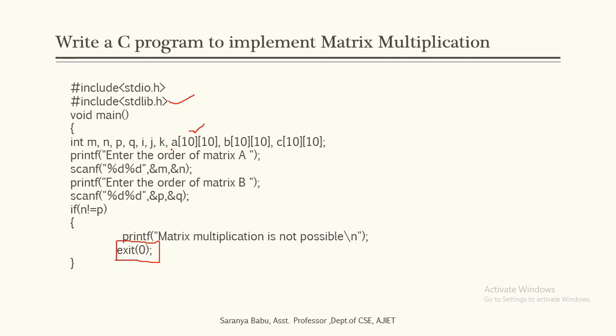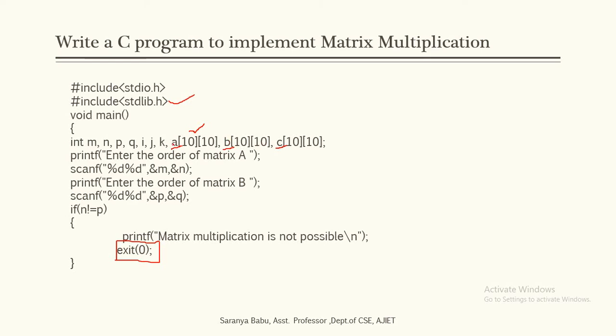I have referred to the first matrix name as A and the second matrix name as B, and the result we have to store in one more matrix that we refer to as C. These are the three different matrices in this particular program, and we have to mention their orders.